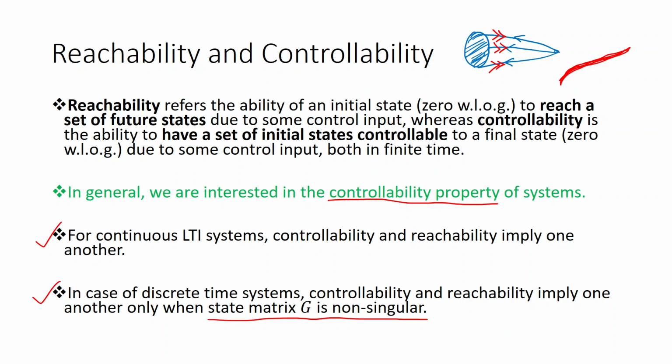If the G matrix is non-singular, you can say yes, it will be reachable. Otherwise, if it is singular, you cannot comment. It does not mean that it will not be reachable. You cannot comment on it. You have to evaluate the reachability separately. Okay.